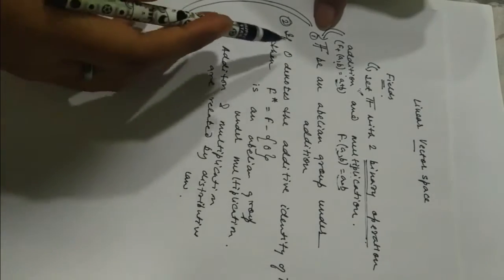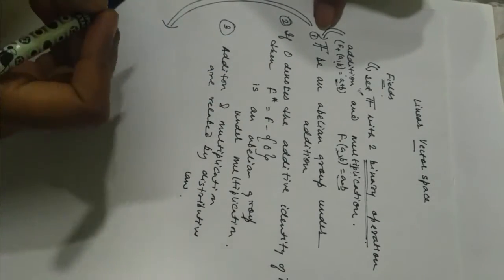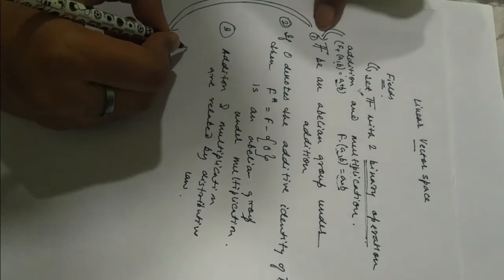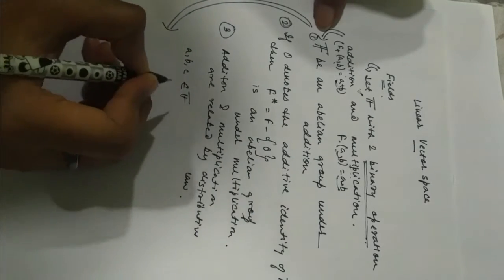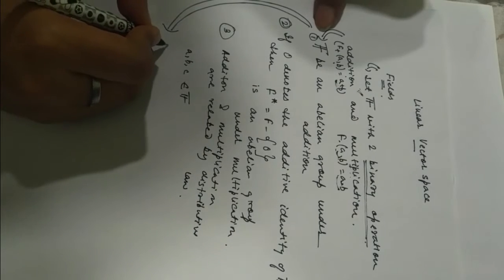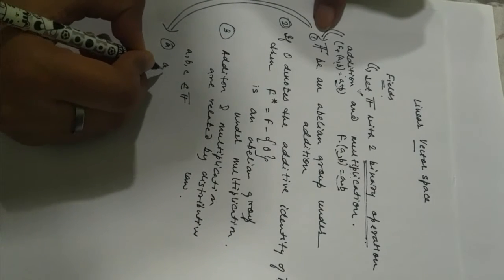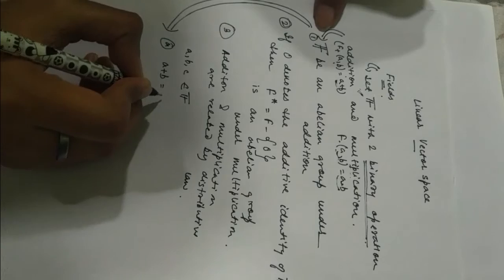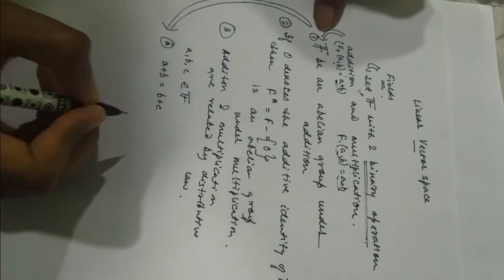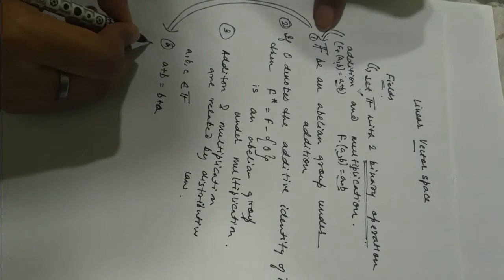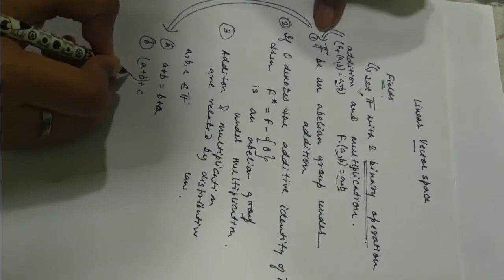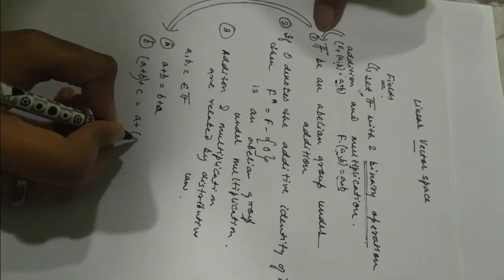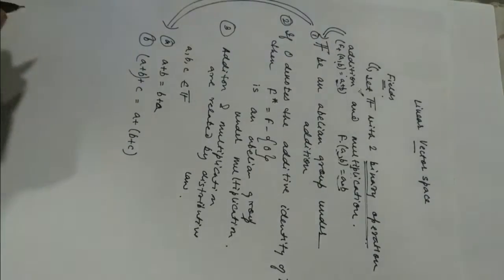Secondly, F should be an abelian group under addition. So by definition, if A, B, C belong to the field F, then by abelian group these conditions need to be fulfilled. First, the elements need to commute, that is A plus B should be equal to B plus A. Second, they need to be associative, that is A plus B plus C is equal to A plus B plus C, grouped either way.